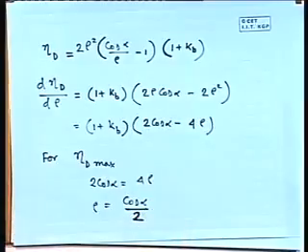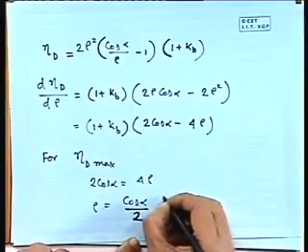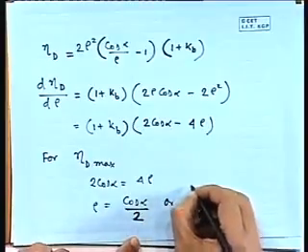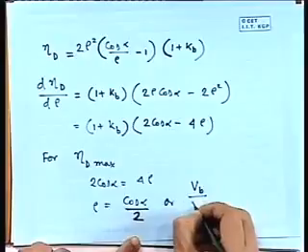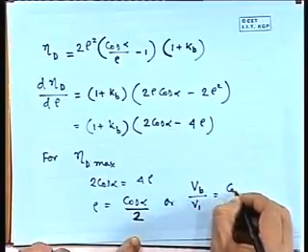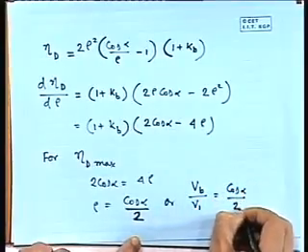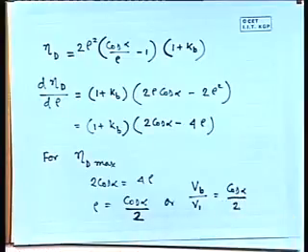So, we have defined rho as Vb by V1 is equal to cos of alpha by 2. So, we can see that if we want to run the turbine at maximum efficiency, then we cannot arbitrarily select Vb.